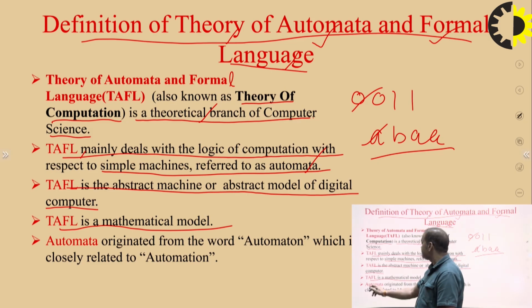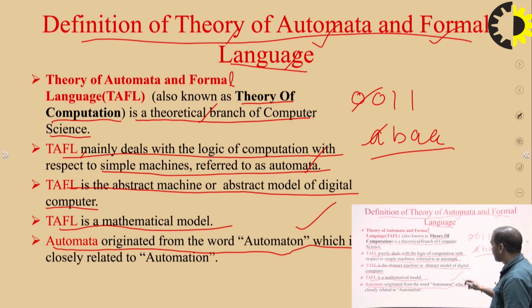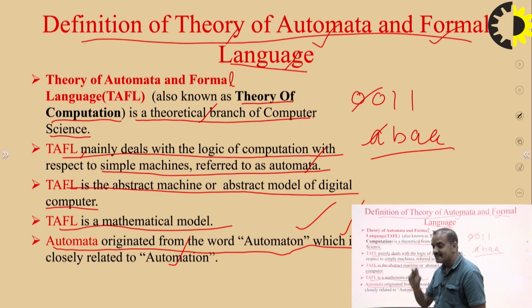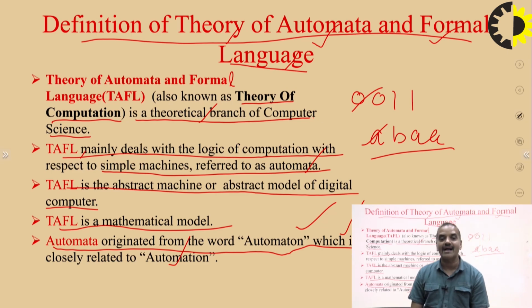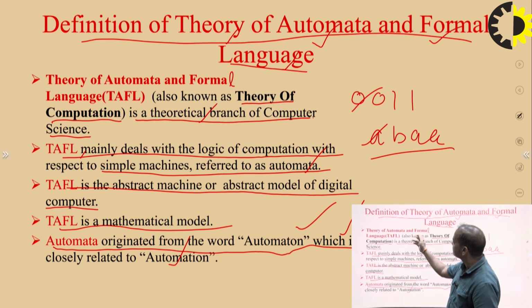The next one is automata, originated from the word automaton, which is closely related to automation. This is a form of machine which automatically executes the given code or string and generates the output. This is the basic concept of the theory of computation and formal language.